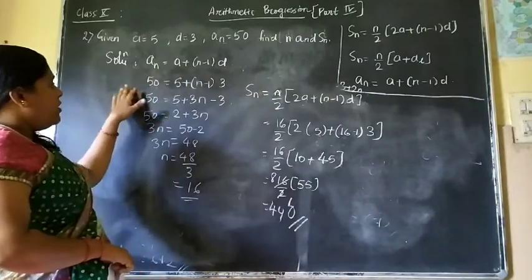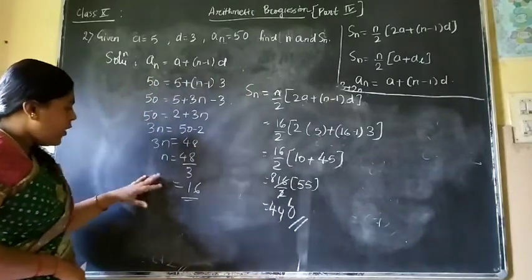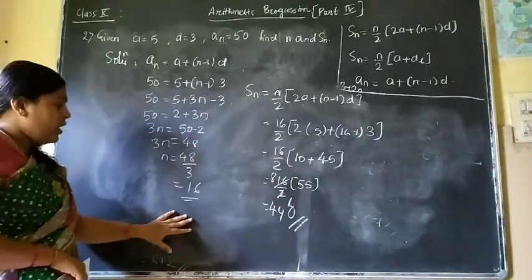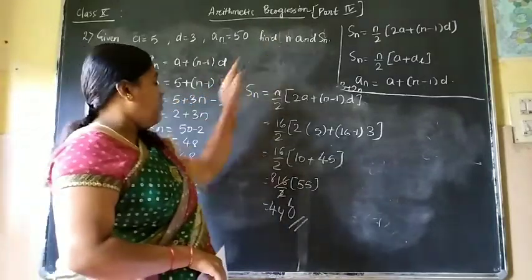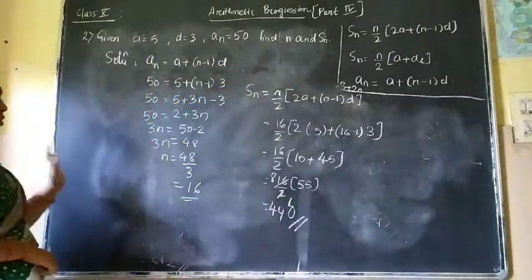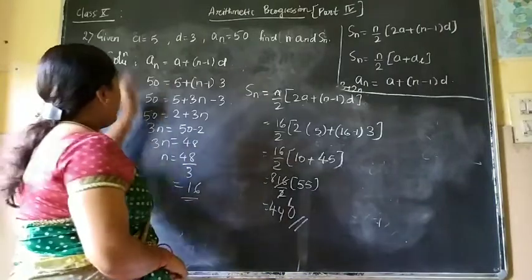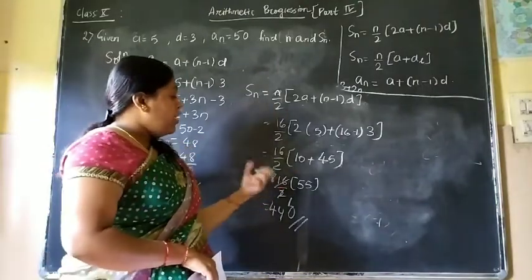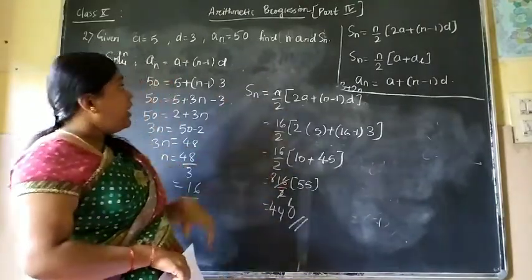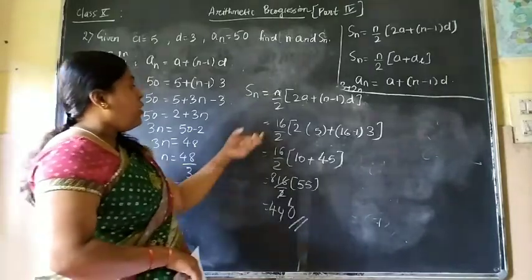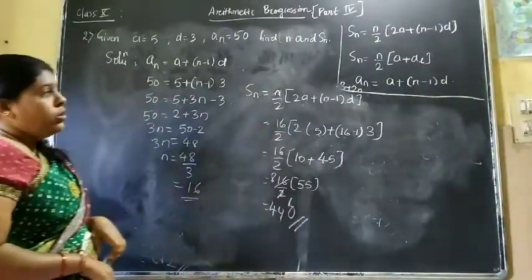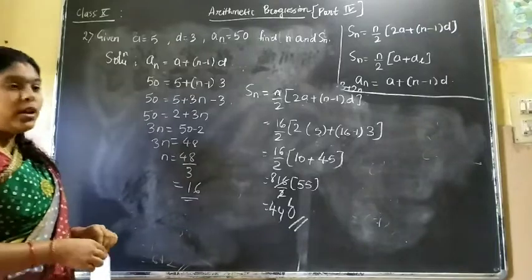Everything they have given, we substituted, and finally we got n is equal to 16. Now using n, a and d, we find the sum by using the formula n by 2, 2a plus n minus 1 into d.